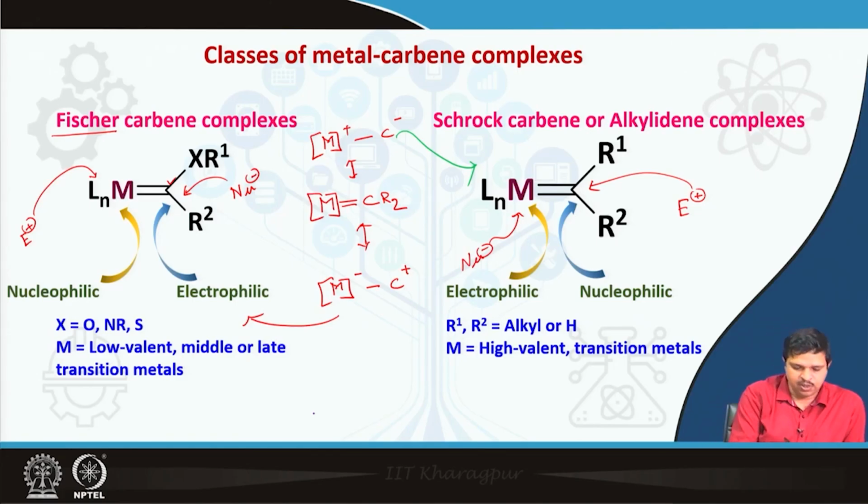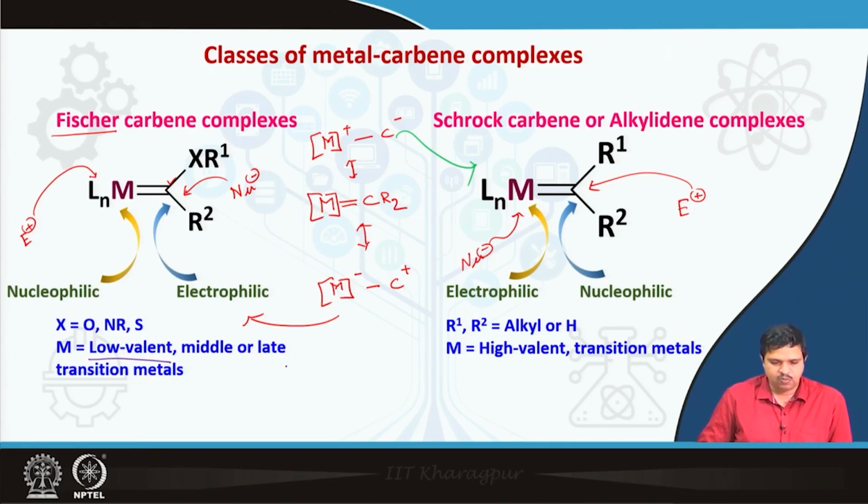As an example, for the Fischer carbene, the metal is low valent, generally 0, +1, +2 or -1, with +2 generally the maximum. These Fischer carbene complexes generally contain middle or late transition metals.